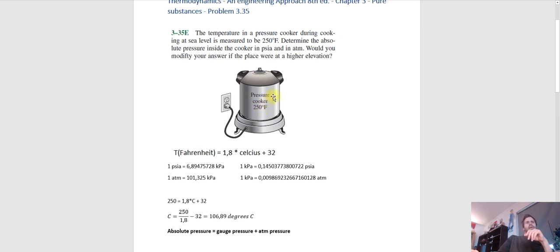But anyway, I would adjust the answer because pressure is pressure. The air is for a fact always a weight on the lid. That will never go away. So I think that the answer would be adjusted.